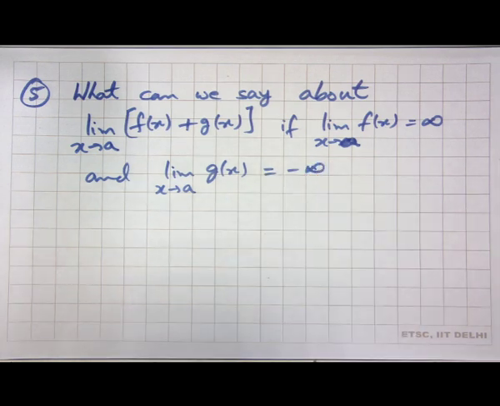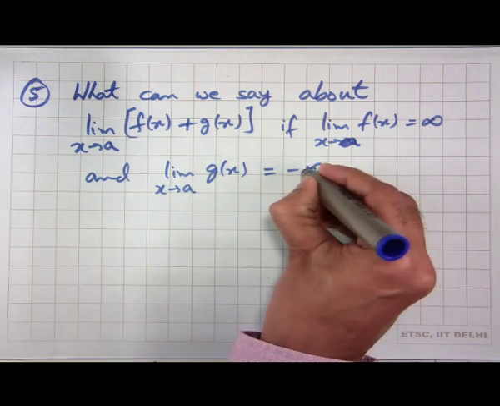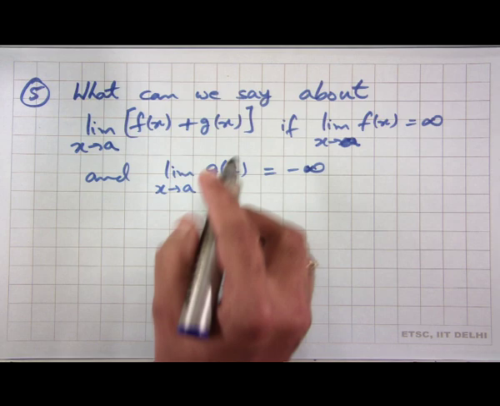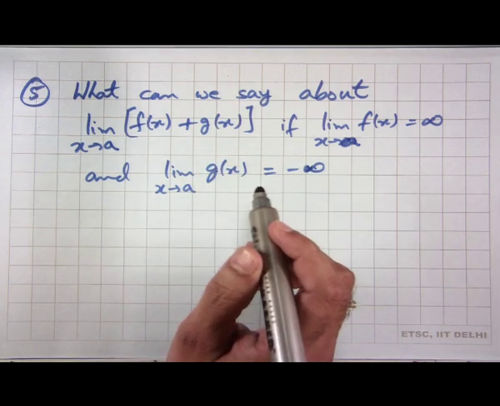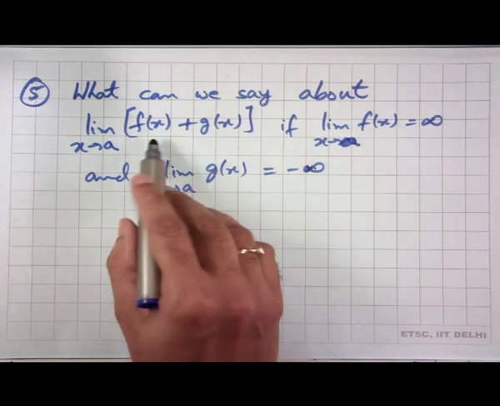So, in this case what is happening is that f x is approaching infinity and g x is approaching negative infinity. So, it is of infinity minus infinity form.